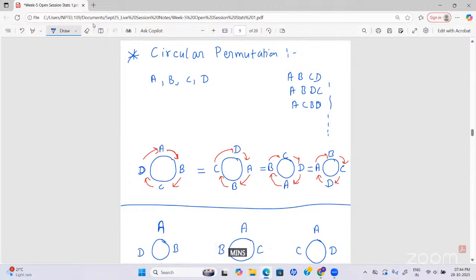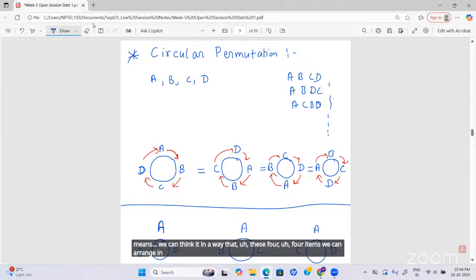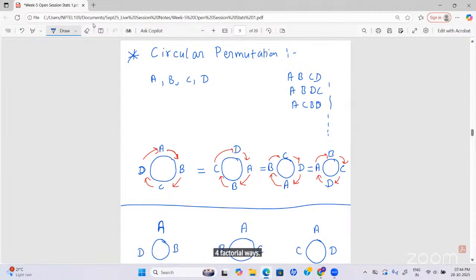Means we can think of it this way: these four items we can arrange in 4 factorial ways, and we are repeating, as there are 3 such duplicates. That's why those arrangements should be reduced. Then we can say 4 factorial divided by 4. In a similar way, we can derive this formula.